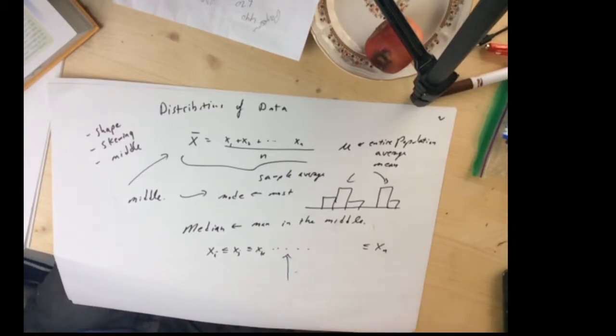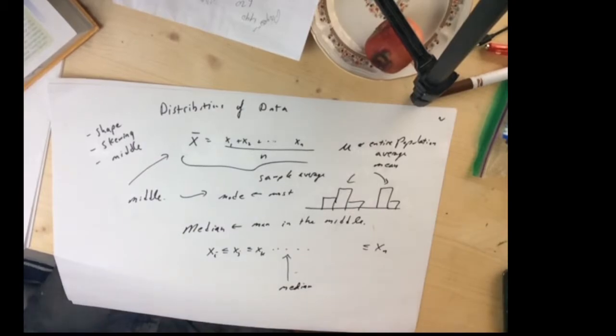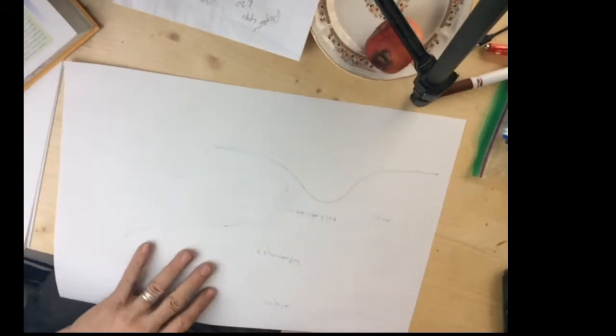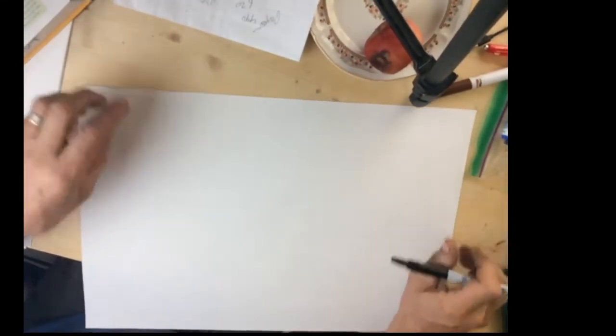The piece of data right in the middle is called the median. Now, what's nice about the median is literally half the data is above the median and half the data is below the median. The median is a very powerful thing. It's very descriptive. So let's demonstrate why that median is such a nice thing to know.